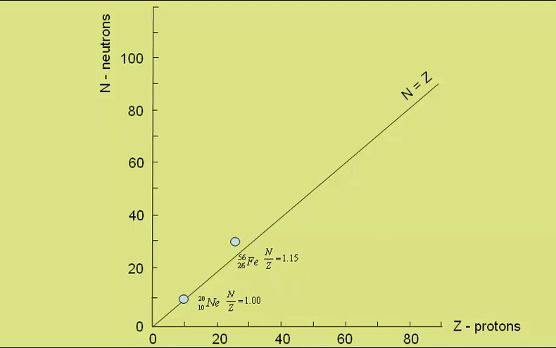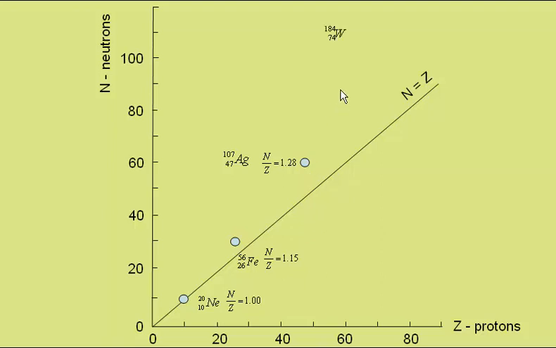The next isotope I'll look at is silver-107. This has 47 protons and 107 minus 47, which is 60 neutrons, and appears here. Again, doing number of neutrons divided by number of protons, we've now moved up to 1.28.